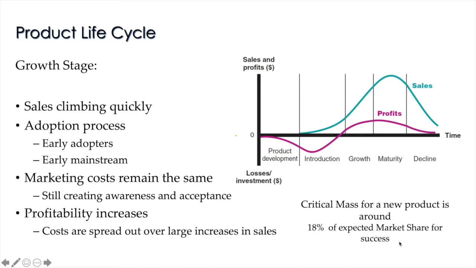So if you entered into a market and you said, wow, I think our total market share in this area could be $100 million, we would look at that and say, at some point we've got to hit $18 million to get 18% in this area to be successful. Again, how long of a time is that? Basically, that's got to be somewhere in this growth stage. Did we hit our expected? Are we close to it? Might be a good benchmark to think that this product can go on.